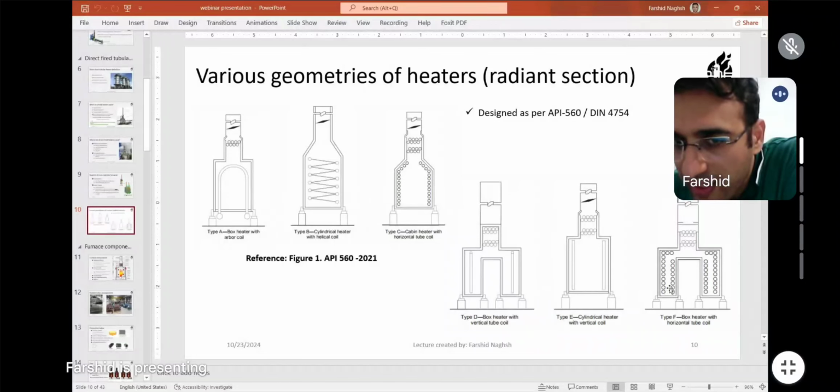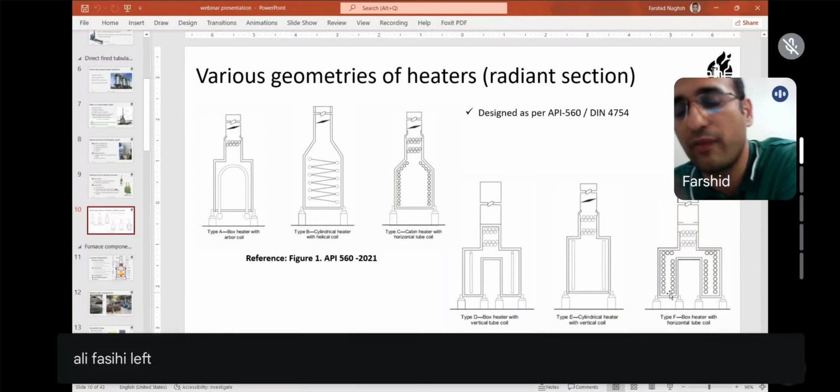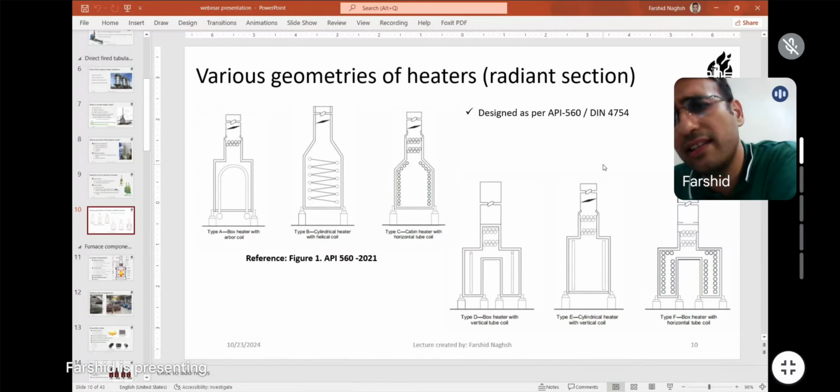You see that the configuration of the tubes is becoming more and more complex. The number of tubes is becoming more. So it implies that the duty is increasing by going from left to right. These are the normal configurations recognized by API 560.